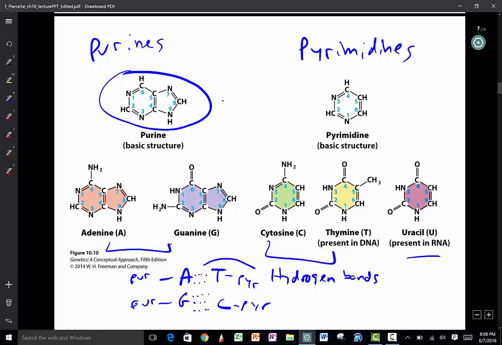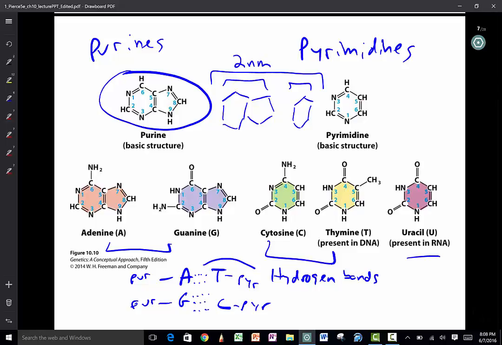So what that means is if we have a purine pairing with a pyrimidine, you always have a big one with a small one. And then the overall diameter of the DNA is always the same, and that diameter happens to be 2 nanometers.